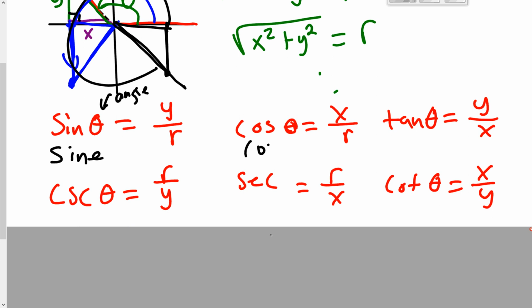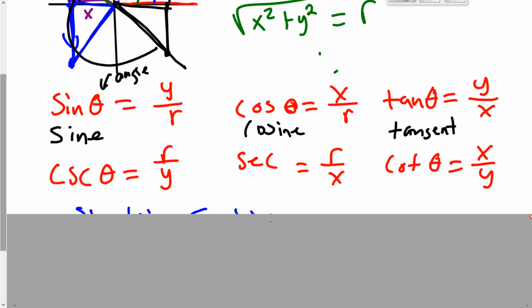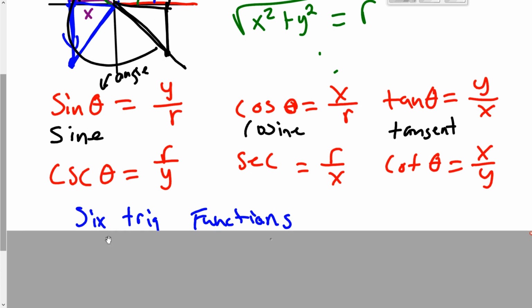Cos is cosine, and that describes the relationship between x and r. And then tan is tangent, which describes the relationship between y and x. This bottom one is going to sound confusing, even though it starts with a C. It goes with cosecant.